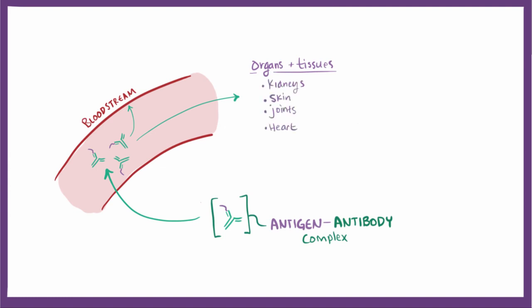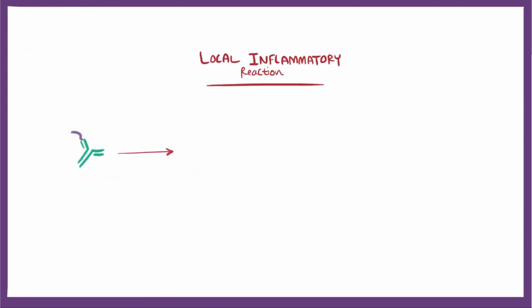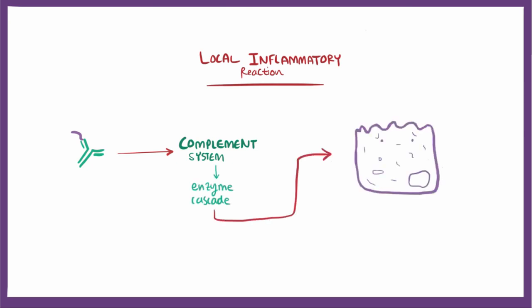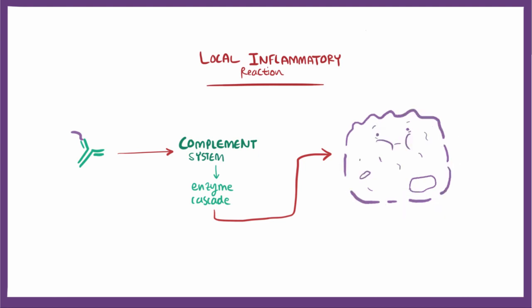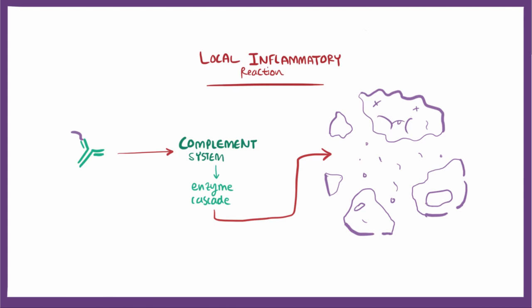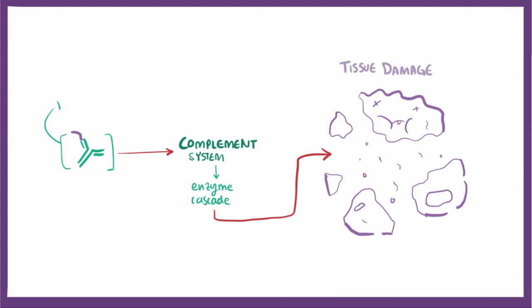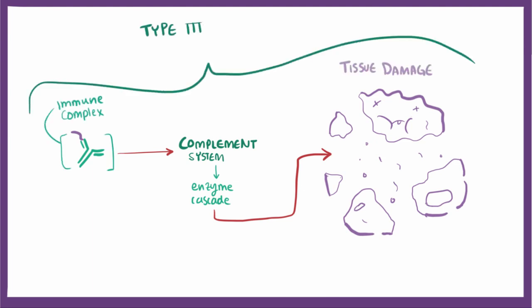Deposited complexes then initiate a local inflammatory reaction, which causes damage through the activation of the complement system, which, after a huge cascade of enzyme activation, leaves cell membranes with channels that let fluid and molecules go in and out all willy-nilly, causing the cell to burst and die. Usually, though, you'd want this to happen to a foreign cell or an infected cell, not healthy cells. When tissues become damaged as a result of these immune complexes, it's known as a type 3 hypersensitivity reaction.